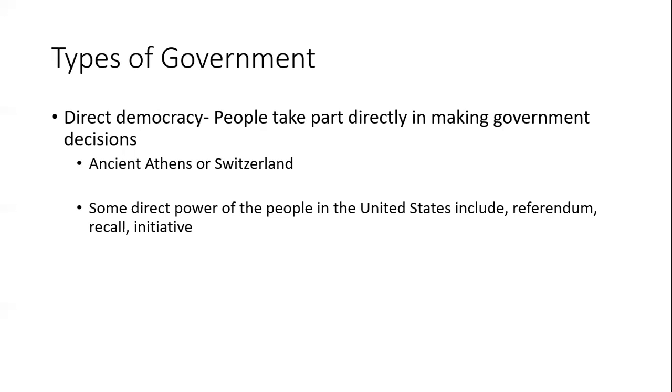Government in the United States actually does have some direct democracy elements that get added during the progressive period of the United States. We have things like referendum, which is where the government will allow people to vote on a particular law.